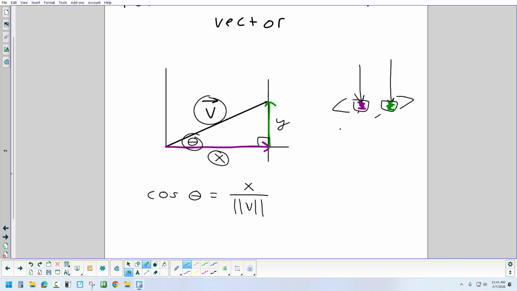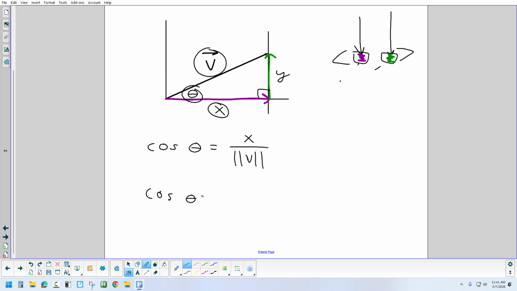If you put it over the vector, you would literally be doing this. That's the vector. The vector is a picture. It's not over the picture of the vector, it's over the length of the vector. And the symbol we use for that is magnitude. So any question why it's not the bottom one? You can't have a picture in the bottom of a fraction like that.